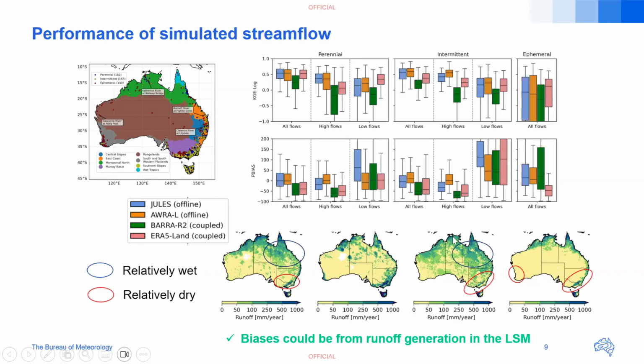The third one also uses JULES as land surface model, and I can see a similar pattern there. On the other hand, ERA5 Land is drier, for example, in this part, and also in Southeast Australia. So this is very important because, before even doing any river routing, there's some big difference between the models in the runoff.